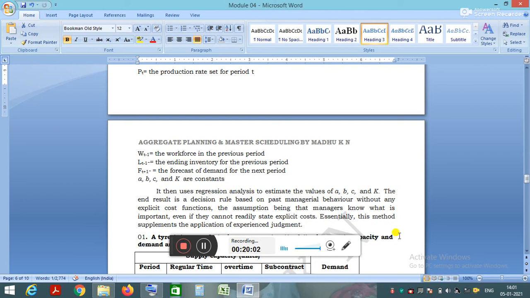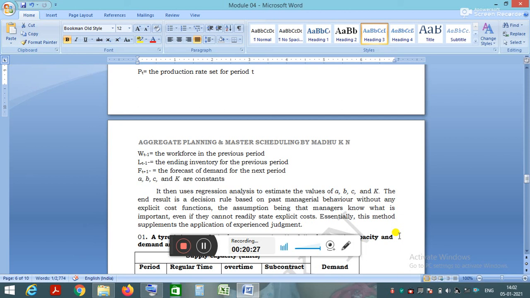The decision was taken based on the managerial behavior without any explicit cost functions. The assumption in this method is that managers know what is important. That is the basic assumption in the management coefficients model, even if they cannot readily state the explicit cost.